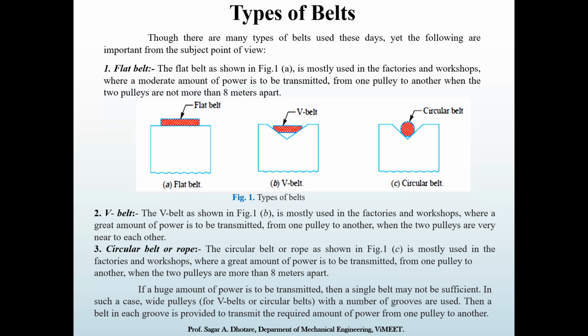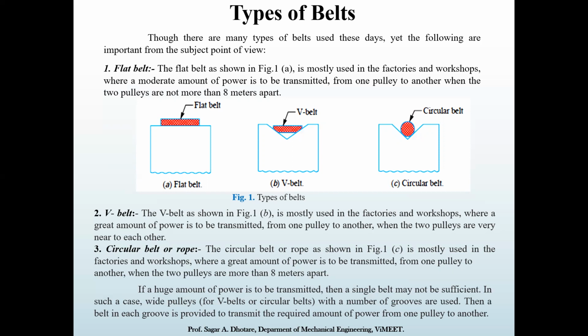In figure 1B, you can see the V belt drive. The V belt drive is mostly used in factories and workshops where a great amount of power is to be transmitted from one pulley to another, and the distance between the pulleys is small.